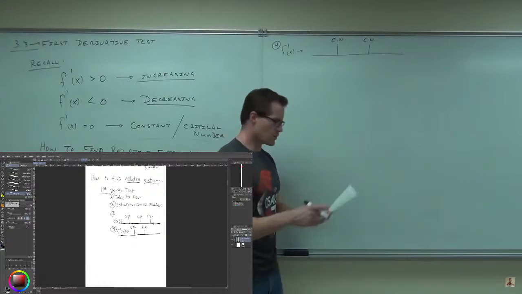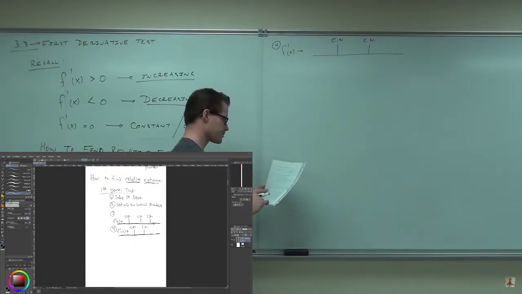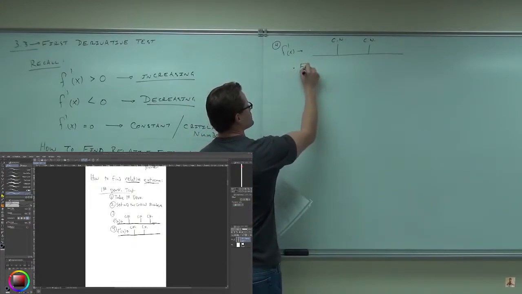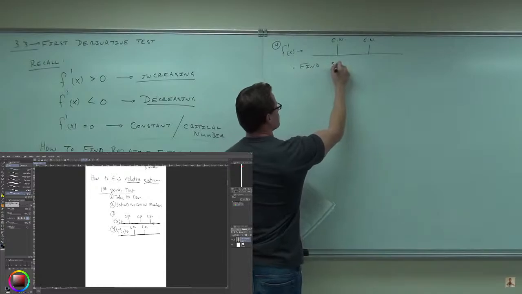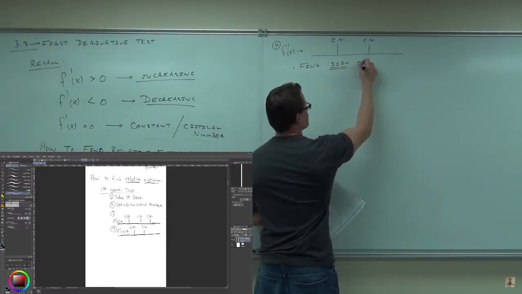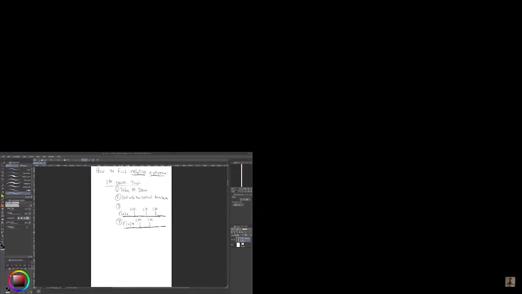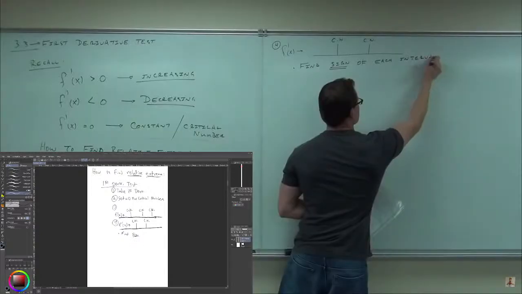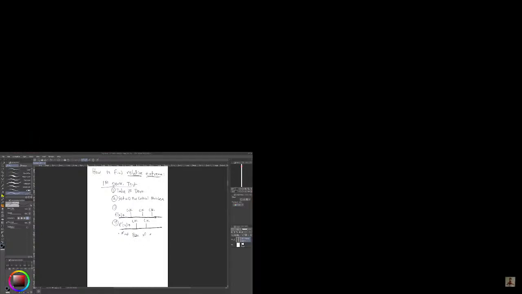Does that make sense to you? That's our whole idea. So for each interval, you're going to plug in a number into your f prime of x. I'll say it this way. Find the sign of each interval by plugging a value into f prime of x.